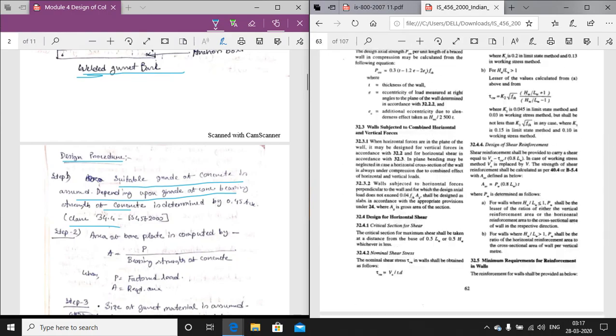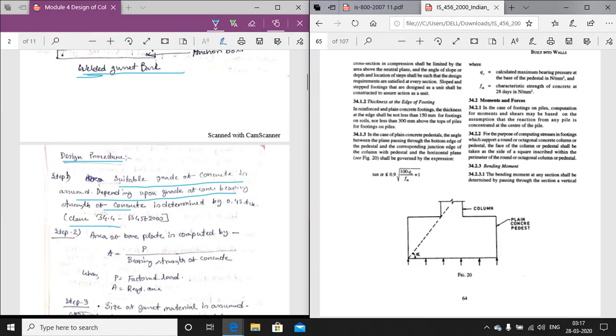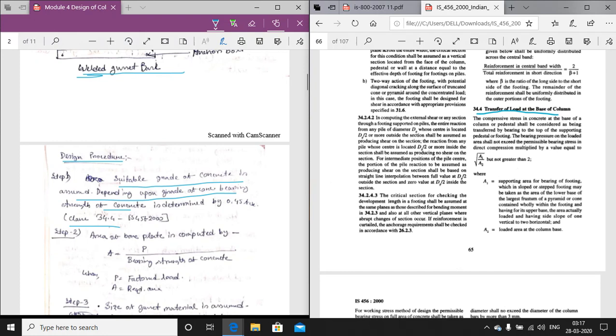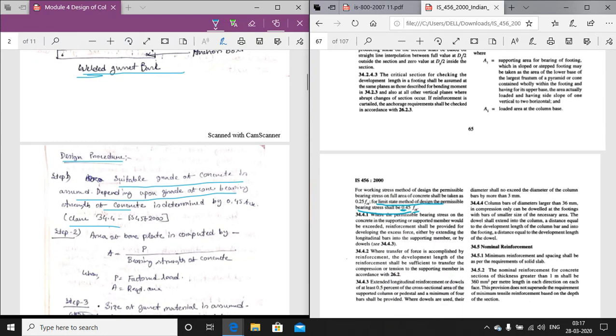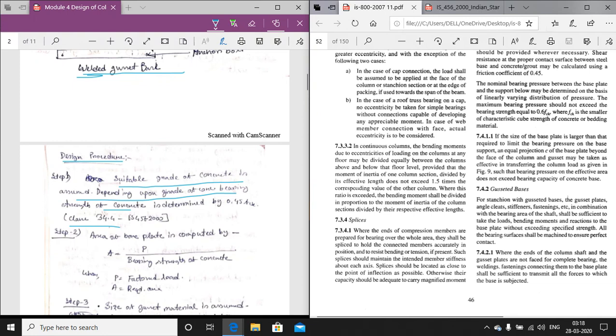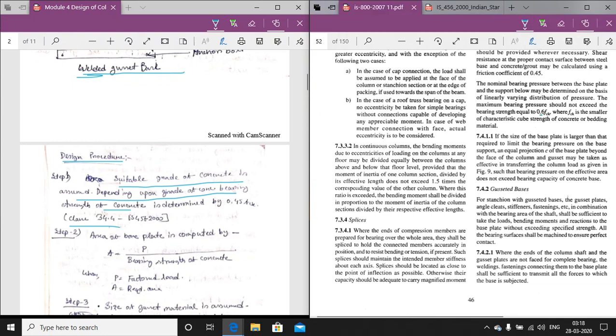It is specified here in 34.4 that in the limit state method, the permissible bearing strength shall be 0.45 fck, but here it is specified as 0.6 fck. So it should not be taken as 0.6 fck.